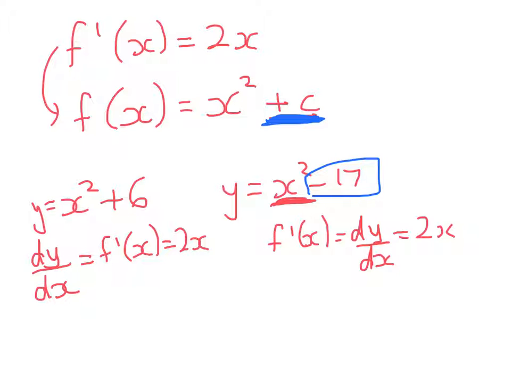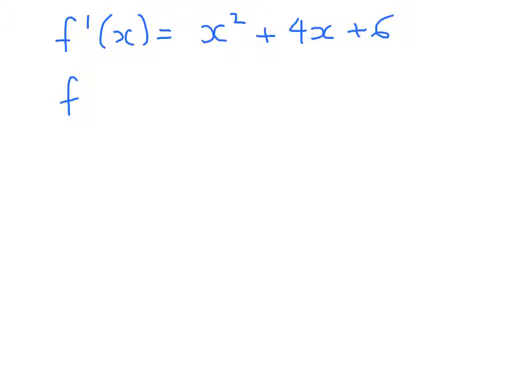Now we're going to practice doing some different ones so that we can see the pattern. Let's start with f dash of x is equal to x squared plus 4x plus 6. The antiderivative of that function is f of x. Here's some new notation.